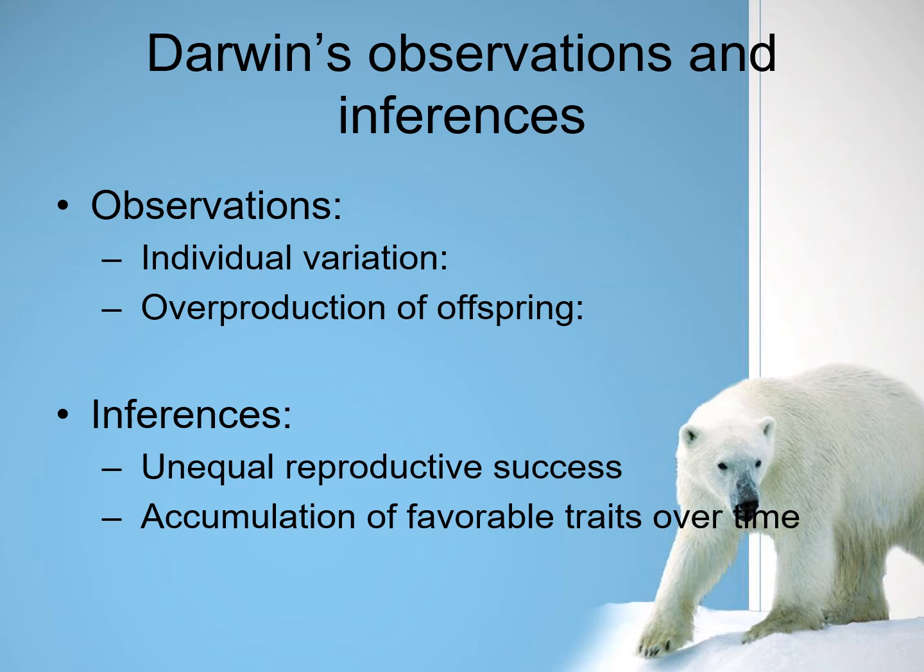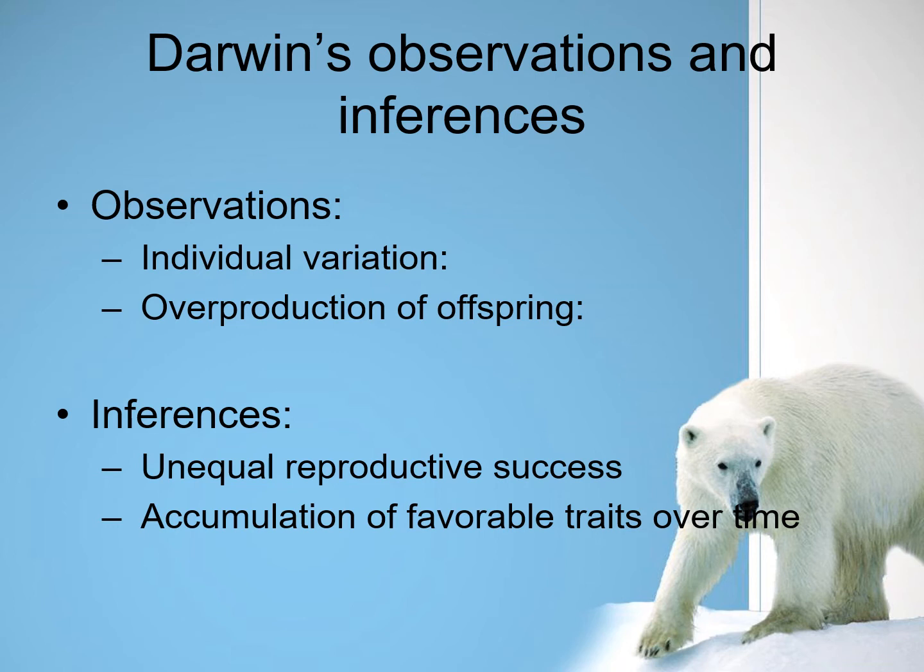So what he came up with to explain how evolution might be supported by this is he thought, if everybody in the population is a little bit different, let's think about a litter of kittens, maybe you have a runt and you have 2 or 3 that are maybe normal sized, and then you maybe have a couple that are overgrown, maybe a little bit on the bigger side, right?